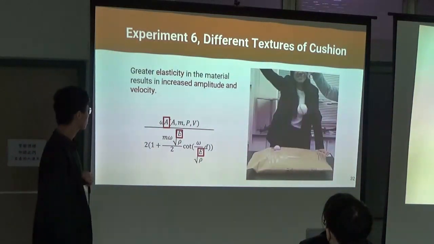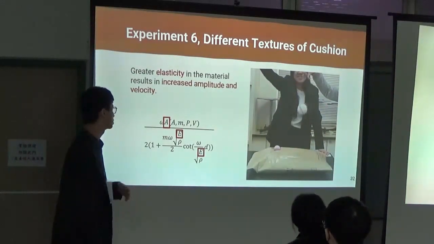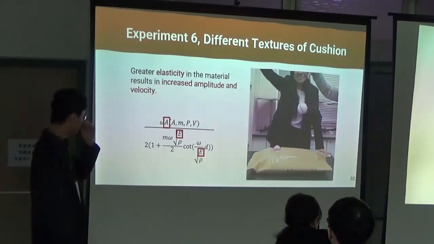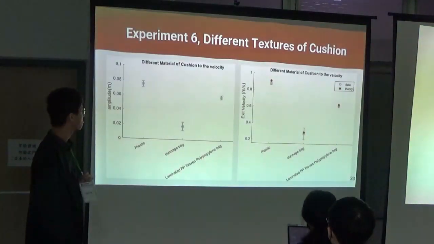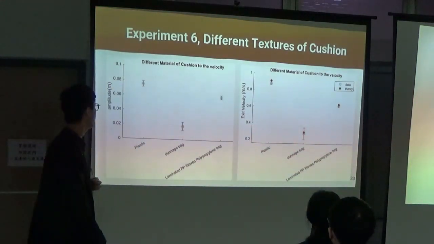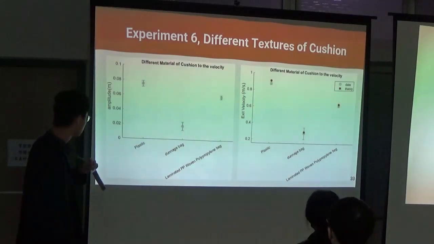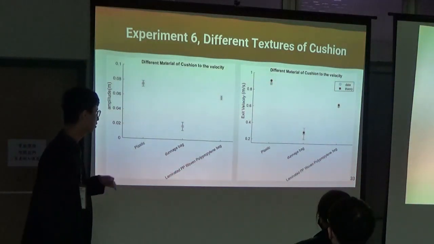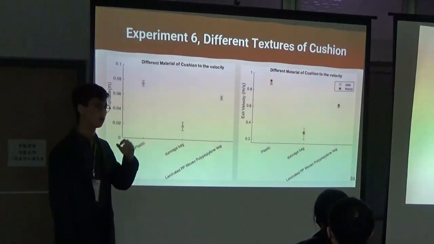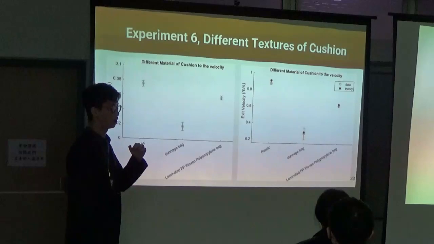Greater elasticity in the material will result in an increased amplitude and velocity, and this is based on the change of frequency. As you can see in this graph, we changed 3 different bags with different materials. It fits our analysis through the density of the cushion and also the Young's modulus of the cushion.